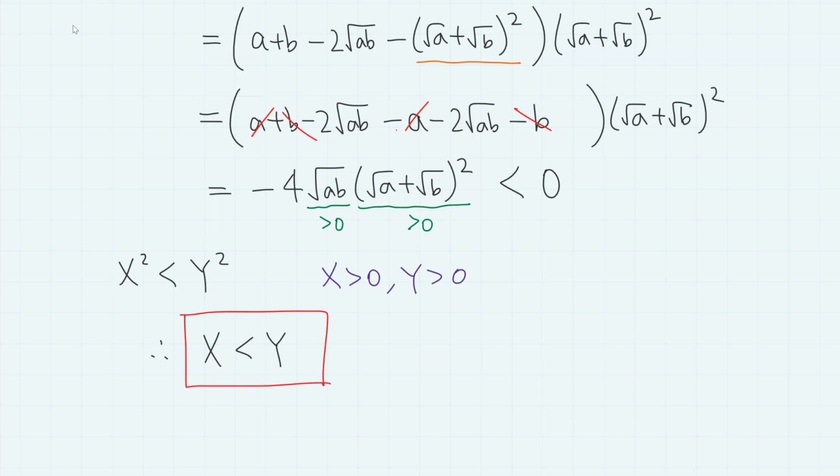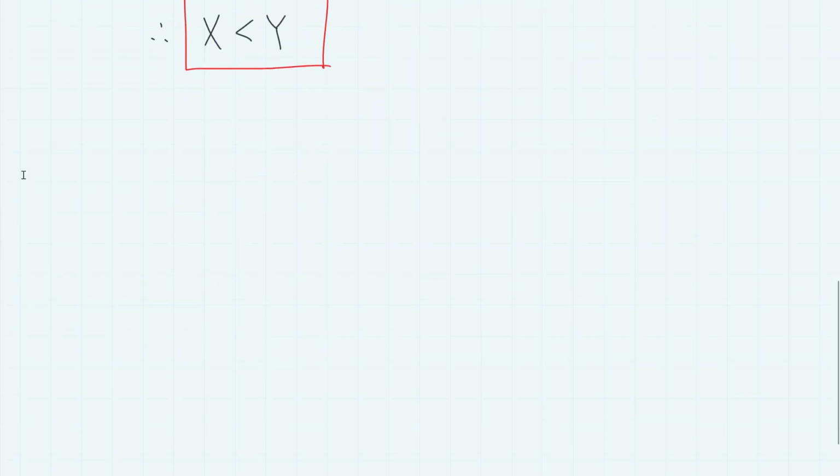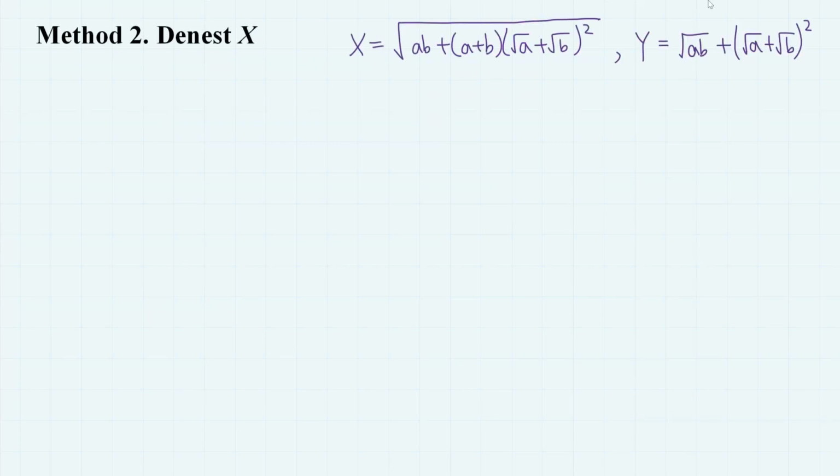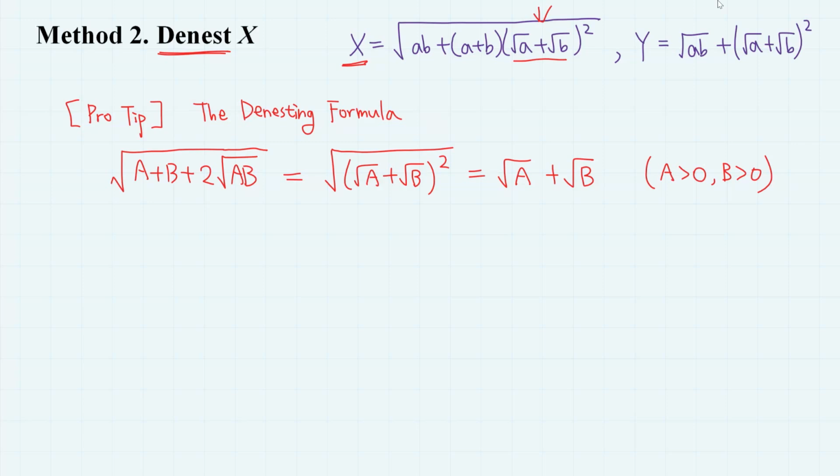Now let's take a look at the other method. The second method comes from the observation that x is given in the form of nested radicals. That is, a radical inside the radical. And we may be able to denest it. There is this famous denesting formula.